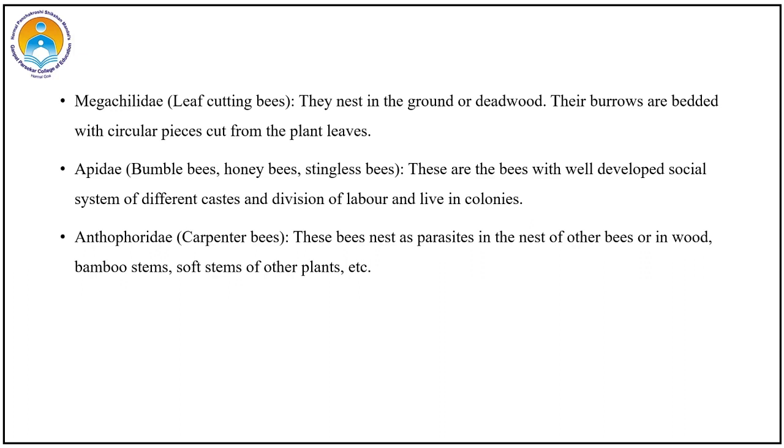These are the bees with well-developed social system of different castes and division of labor and live in colonies. Last one is Anthophoridae, which are known as carpenter bees. These bees nest as parasites in the nest of other bees or in wood, bamboo stems, soft stems of other plants, etc.